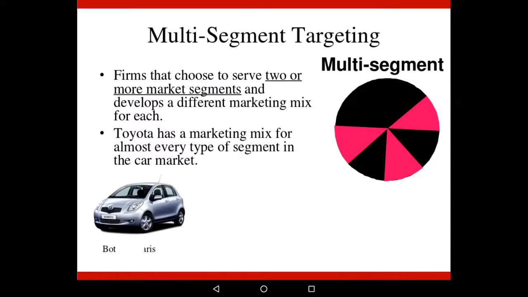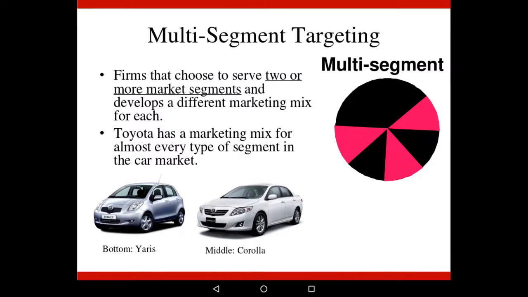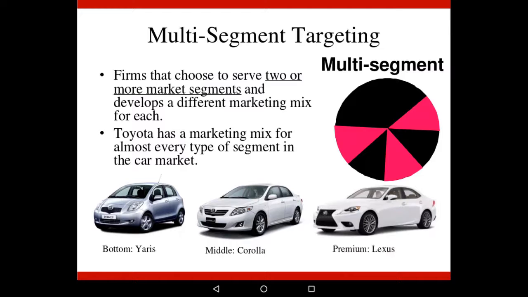They have the bottom level, like the Yaris, the entry-level cars, more affordable. Then they have your Corollas, which is more the middle income range, and then they have the Lexus, which is your premium range. But they also have buses and trucks and taxis and SUVs and all kinds of interesting vehicles.